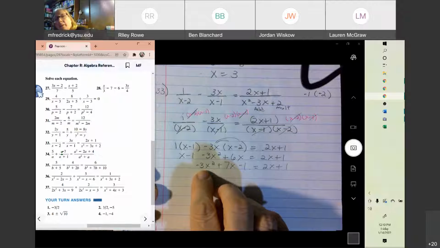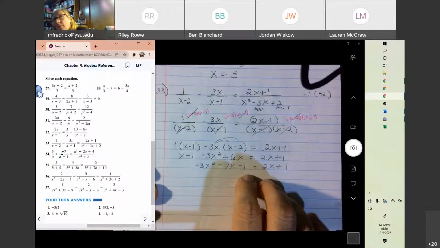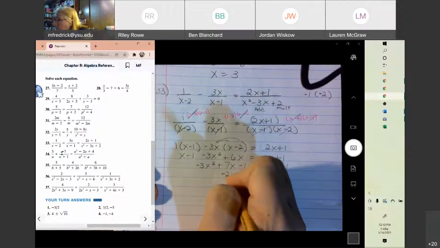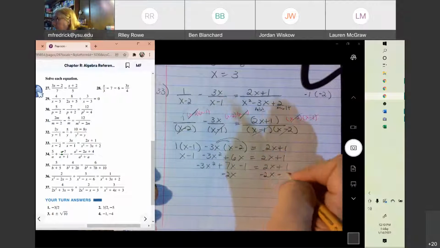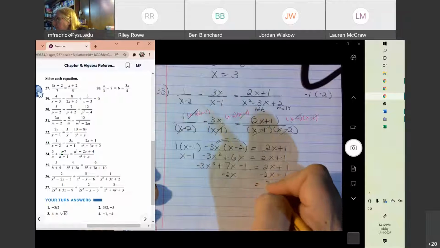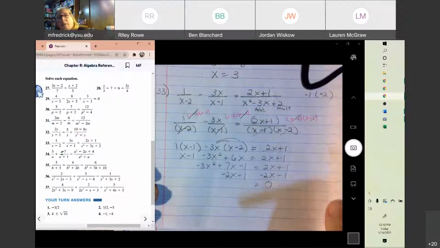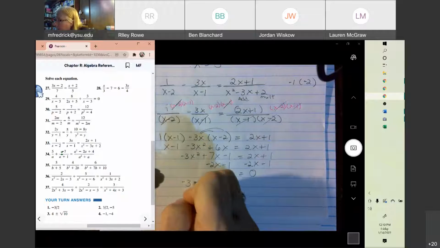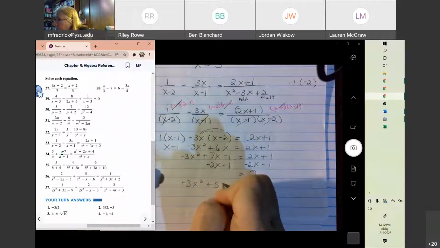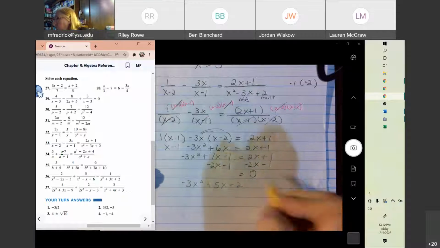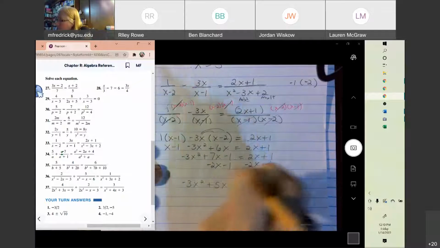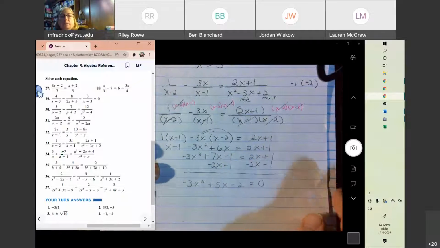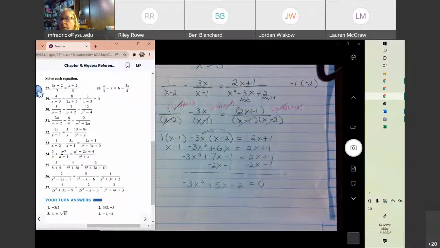And when you have a squared, you need to get it set equal to 0. I'm going to subtract the 2x and subtract this 1 so that I have 0 on this side. I have a -3x squared plus 5x minus 2 equals 0. Any questions on that?